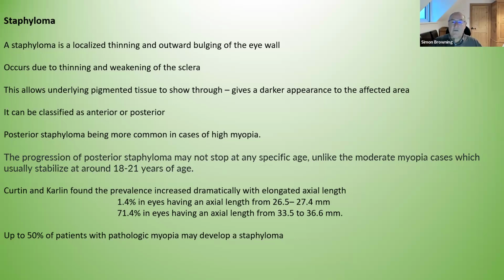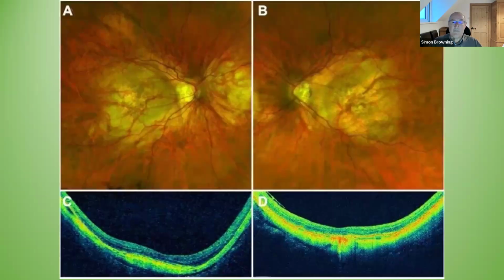So high myopes with long axial length have a much higher rate of staphyloma, which is why it's important to know the axial length at the same time. These are classic views of staphyloma here. As you can see, these aren't peripheral degenerations, but we lump them in the whole myope thing.